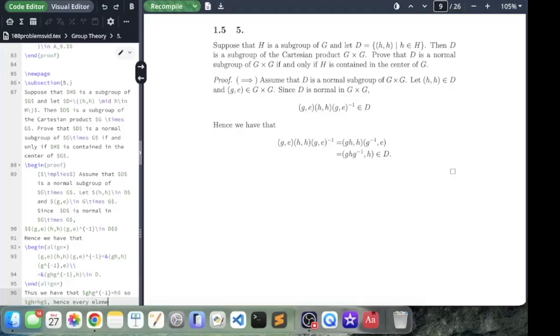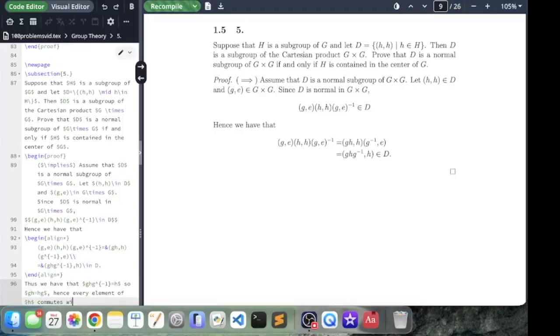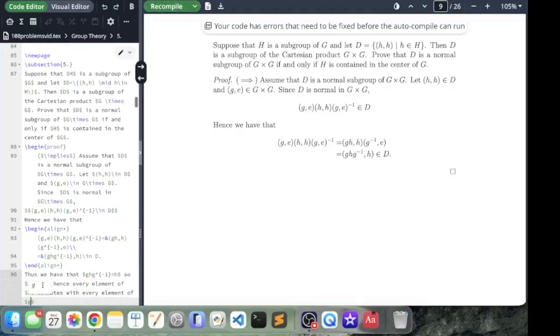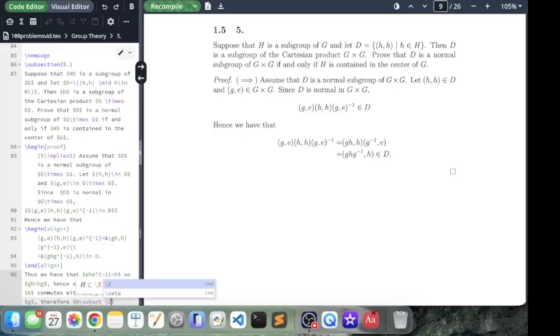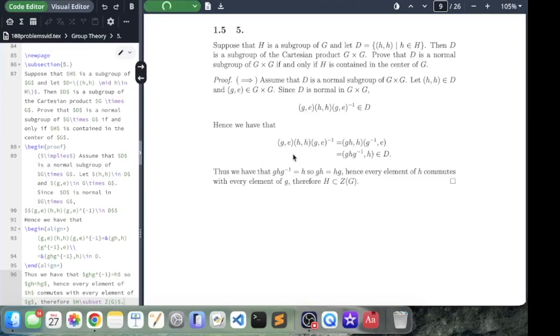Hence every element of H commutes with every element of G. Therefore H is in the center of G. So we use this normality property and how D is constructed to get these two equal, which is just saying that h commutes with every element in G, and so it's in the center of G.